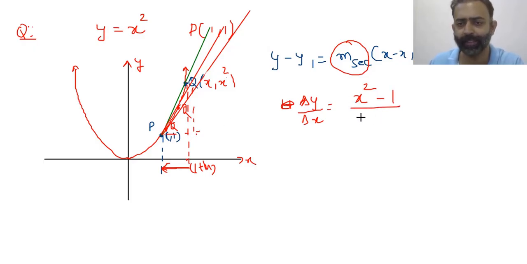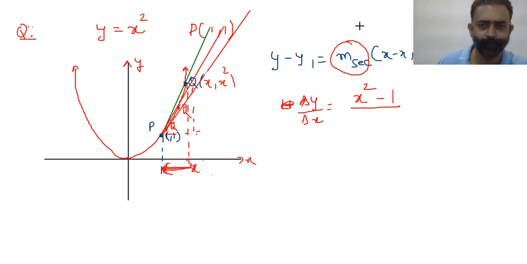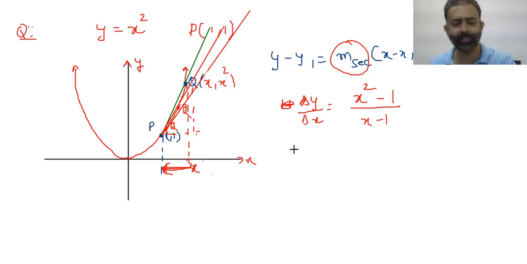For change in x, I should rub this 1 plus h; it is just x. I am moving from x to 1, meaning I am moving from point Q closer to point P. Final point is x, initial point was 1, so change in x is x minus 1.